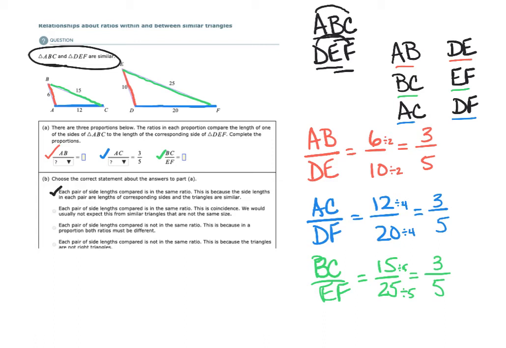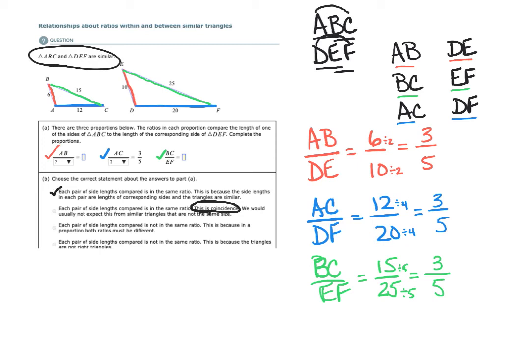In the second one, each pair of side lengths compared is in the same ratio. This is coincidence. And nothing that we can prove mathematically is coincidence. If we had set out to get a 3 to 5 ratio in all of these corresponding sides, and we did get a 3 to 5 ratio in all of them, then that is not coincidence, that is mathematical proof. So that's why that one cannot be correct.